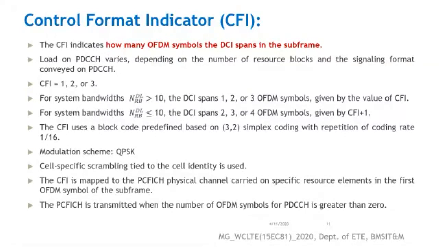And as I said, the CFI is mapped to the physical control format indicator channel. That will be carried on specific resource elements in the first OFDM symbol of the subframe. The physical control format indicator channel is transmitted when the number of OFDM symbols for the physical downlink control channel is greater than 0.